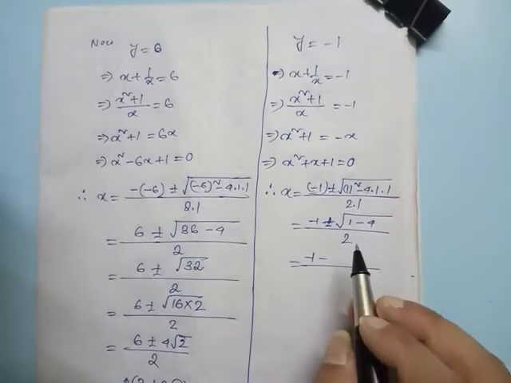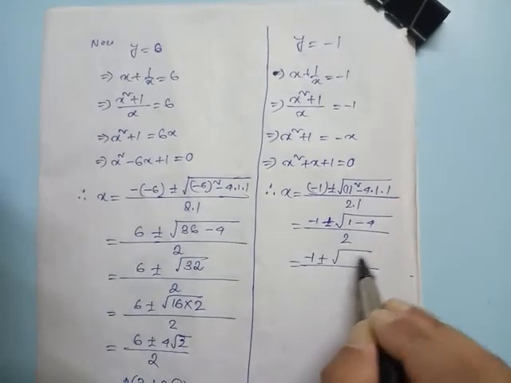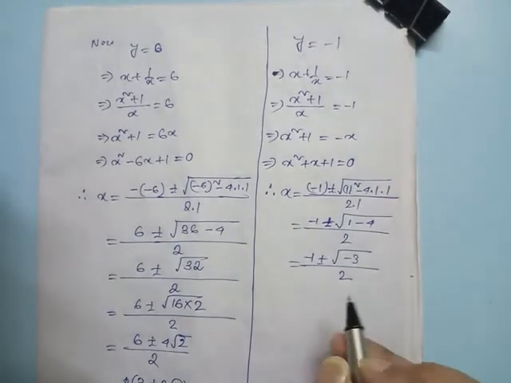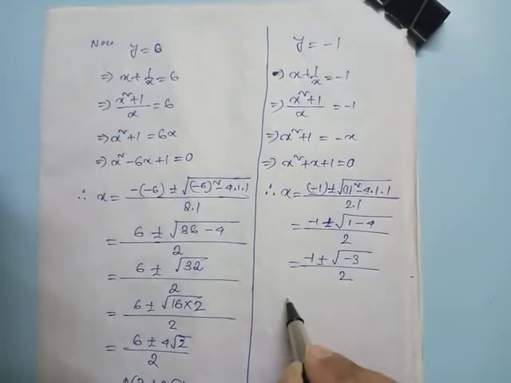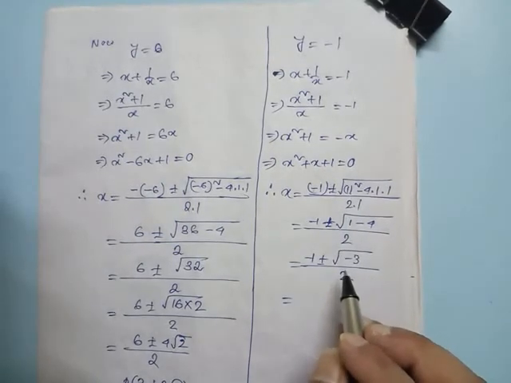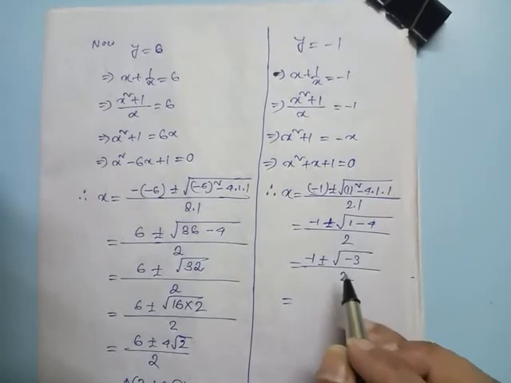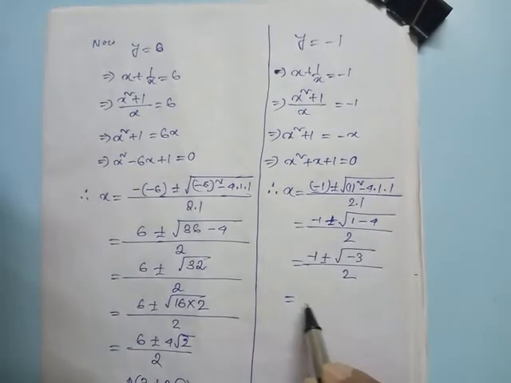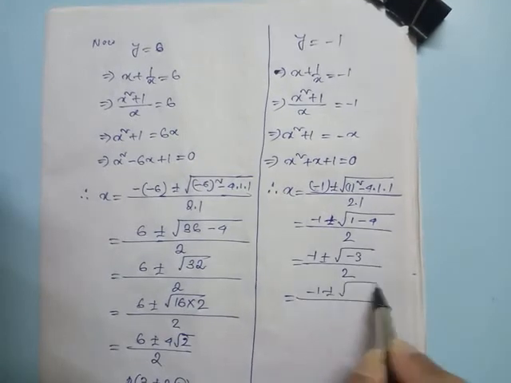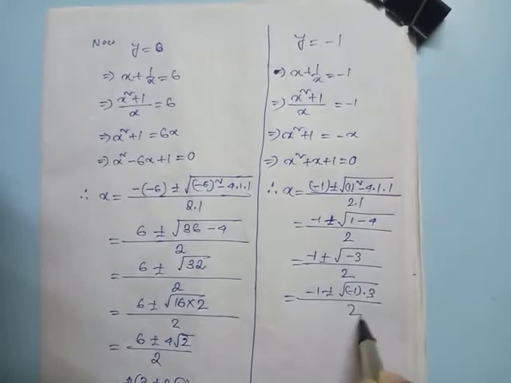The next part is now ± √(−3) by 2. Student, if there is a minus inside the root, it means it is an imaginary number. This can be written as −1 ± √(−1 × 3) by 2.